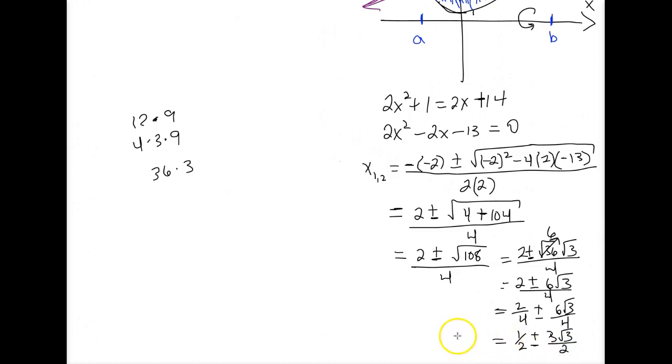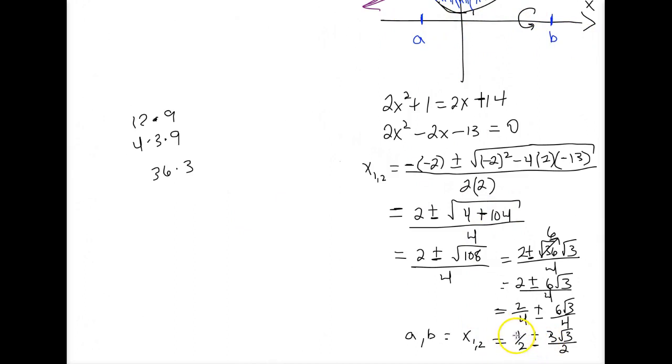And so these are our two values here, x1 and x2, and this just so happens to be what our a and our b would be as well. So we do have our 2 points of intersection here.